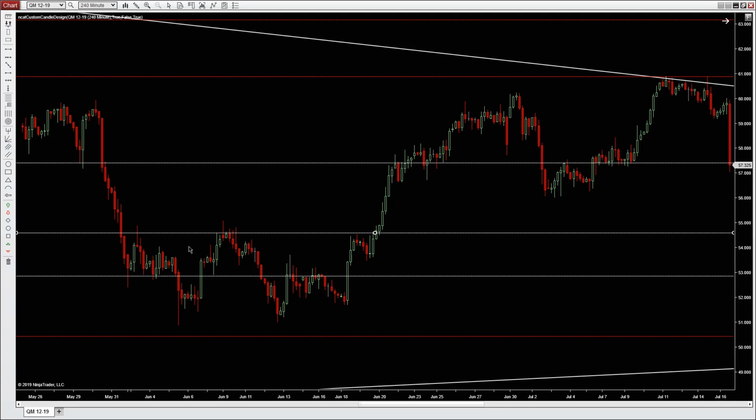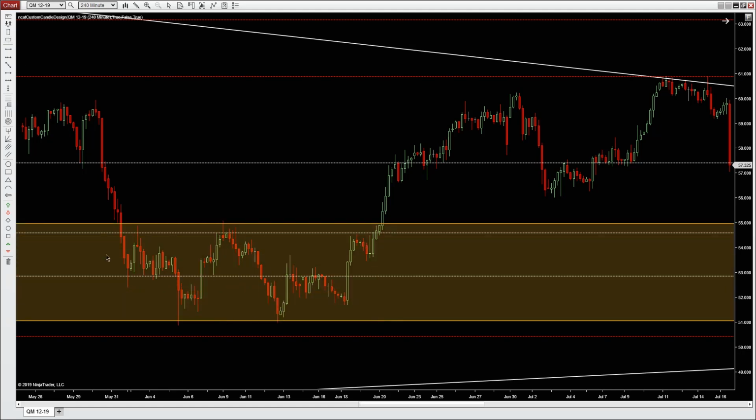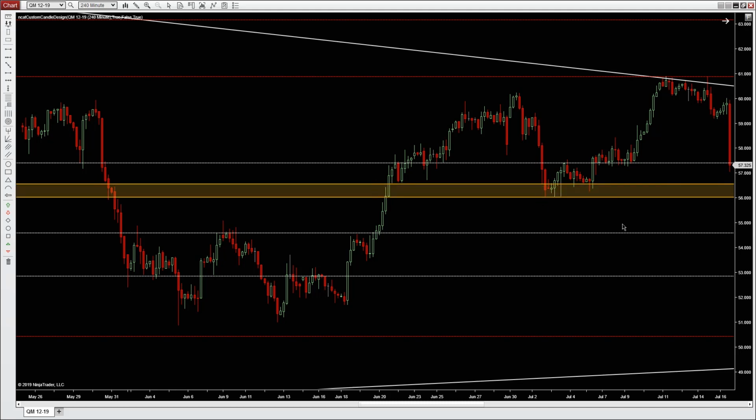But I would start marking this area here, because you had an area of price acceptance all through here, where price went down, found acceptance, and bounced around for a while before it blasted right out. So this would be the highs here. This level is where I'd look to target for a swing trade. But remember, you are going to have a little bit of a problem area right through there.